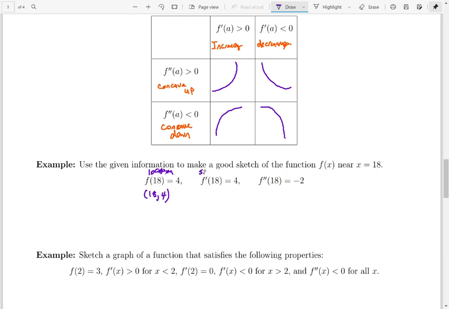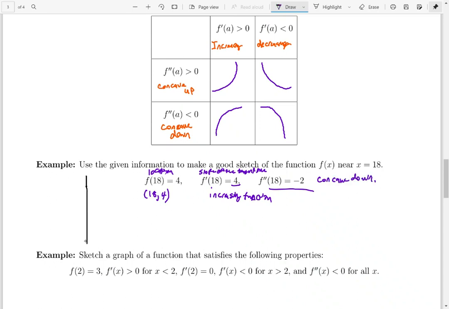That tells us that the slope of the tangent line at 18 is a slope of 4. We can also state that it is an increasing function, or it's increasing at the point 18. Then f double prime of 18 is equal to negative 2, but what does that tell us? That tells us that we have a concave down function at the location where x is 18.